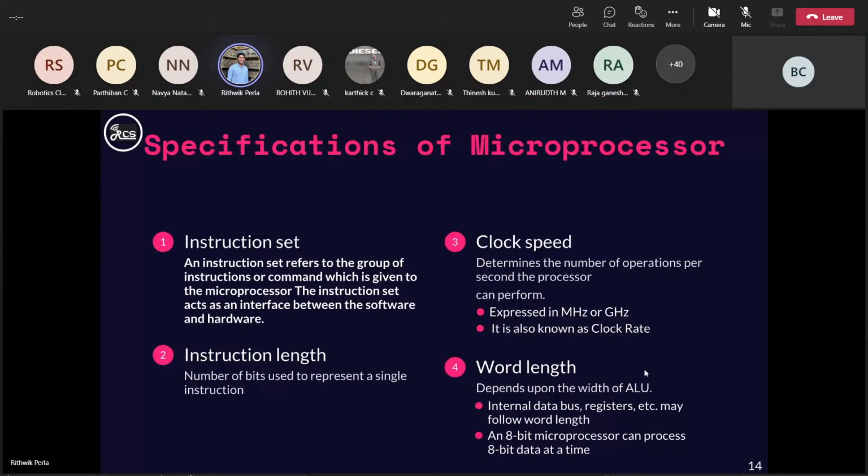The width of the road is like 30 feet, 100 feet. Similarly, in a microprocessor there's something called word length, the width of the bus. So at a time in the arithmetic logical unit, you can process 8 bits. The internal data bus and registers all have this word length, depending on it, 8-bit, 16-bit.